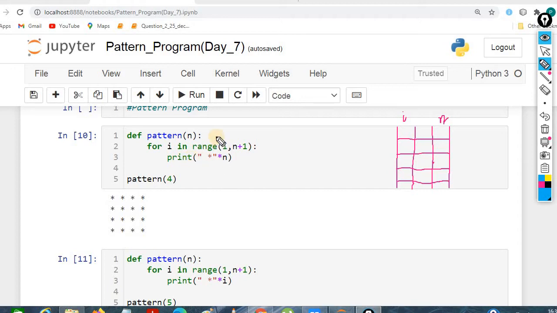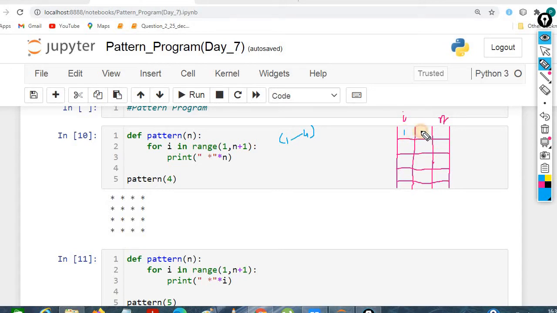Okay, let's see how the loop is going to work in this case. The loop starts from 1 and goes till 4. 4 will execute because it works like end minus 1. If there is a 5, then end minus 1 is 4. So for the first iteration, i is 1.